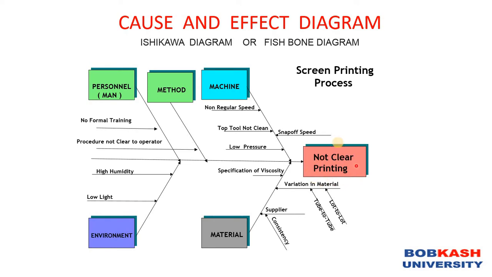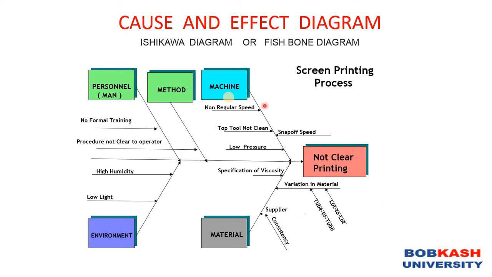And what are the causes now? We separate the causes into machine causes, reasons because of the method, reasons because of the people or man, reasons because of the material that we are using, or reasons because of the environment in which we are working.